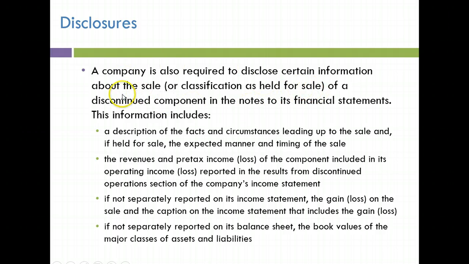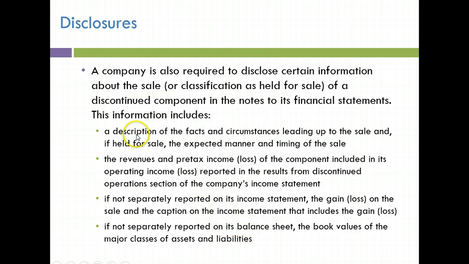When we're dealing with sales of companies, of a discontinued operation, they are required to disclose a lot. The description leading up to the sale, the revenues of the component being sold, the book value of all the assets and liabilities.